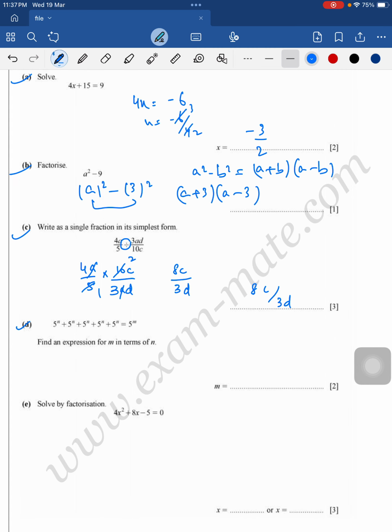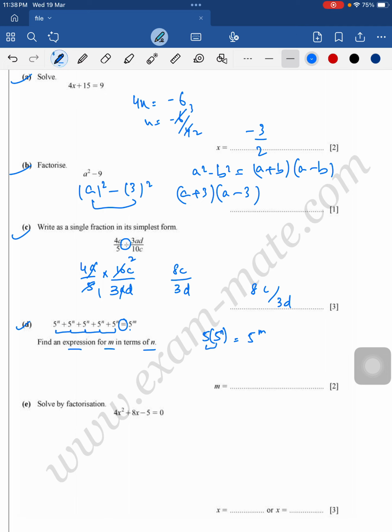Part D. We have 5 terms of 5 power n and all are adding, and it is equal to 5 power m. Find an expression for m in terms of n. So if I add these 5 terms on the left, I will get 5 power n plus 1.